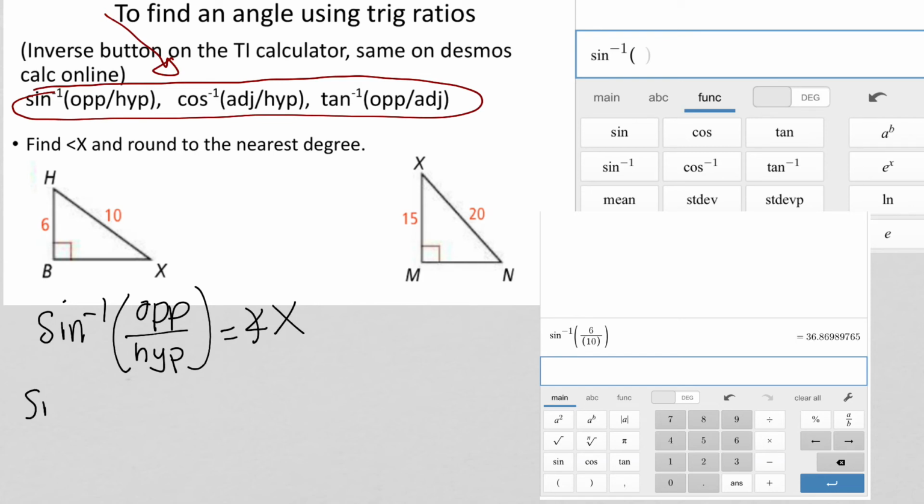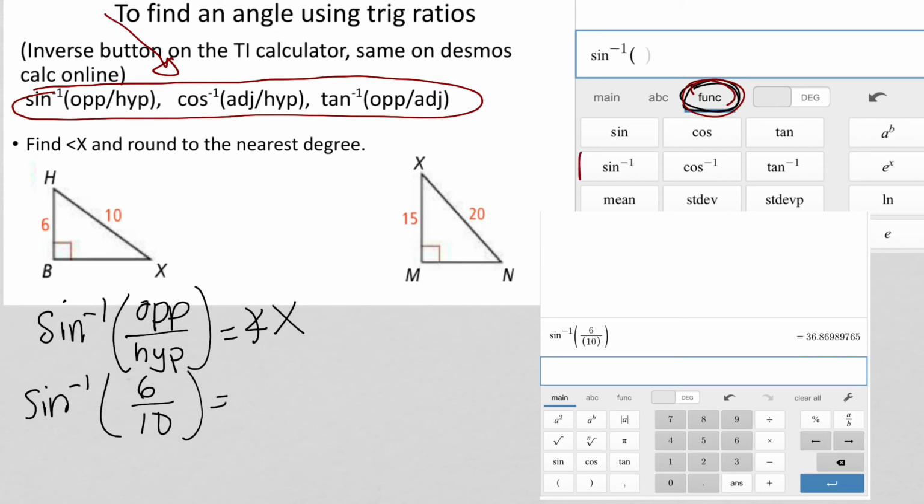So let's plug in the 2 numbers in the right spot. My opposite side again was 6. My hypotenuse side was 10. Now, I am showing you the Desmos calculator version online. On the main screen, when it says main, you don't see these -1 things, right? So up here, let's do it in red, you must press the function key.